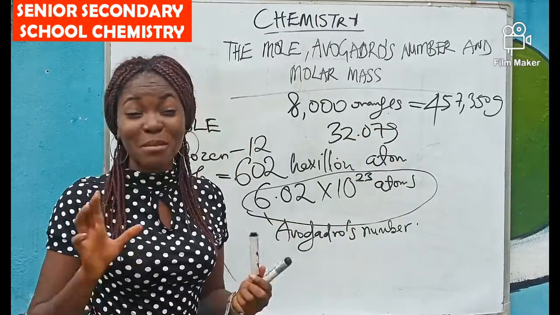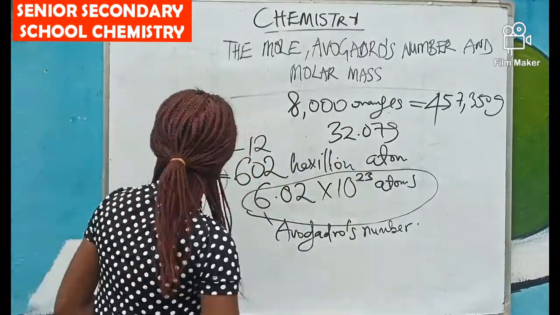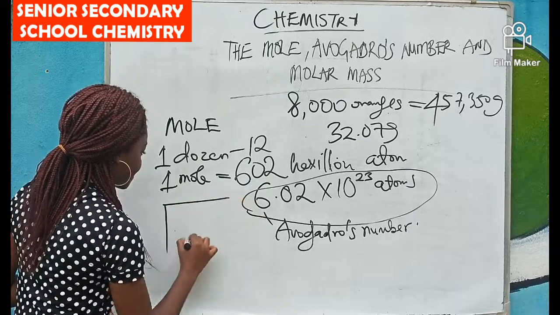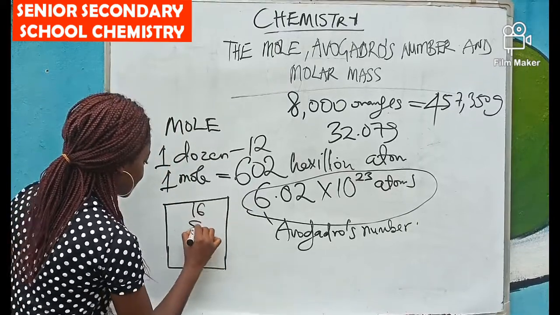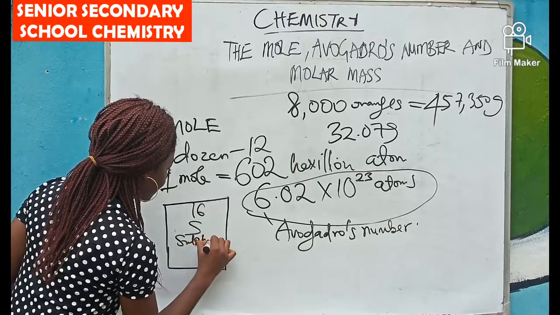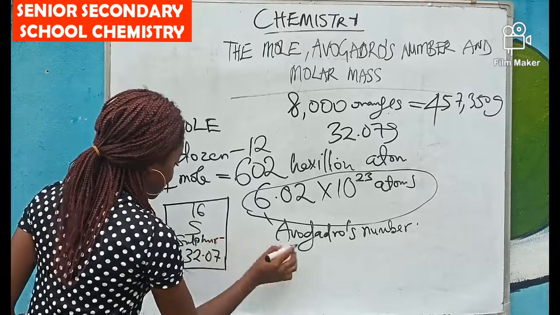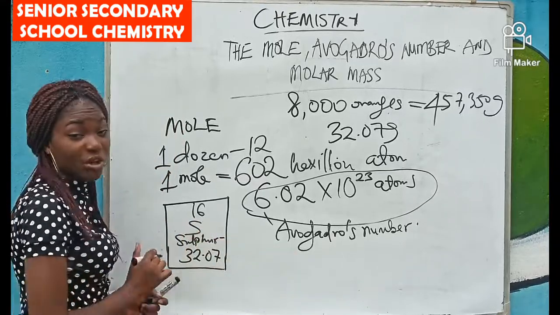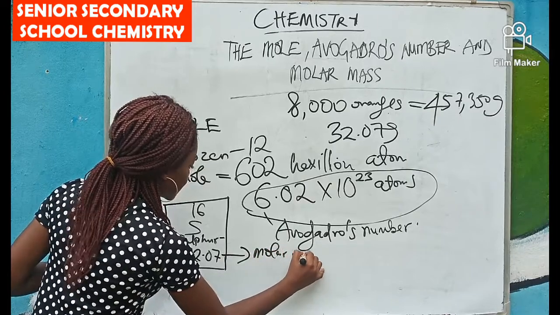Well, I looked it up in my periodic table. If you go to your periodic table, you will see something like this. So this is the element, sulfur. This is the symbol of the element. This number here is the molar mass.